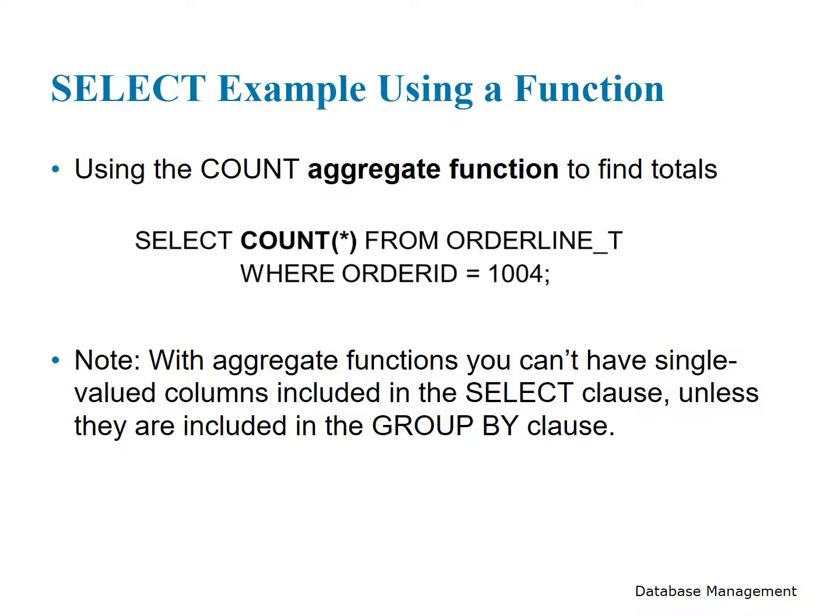The most common aggregate functions are count, sum, and average. The above query gives a number indicating the total number of order line records associated with order number 1004.